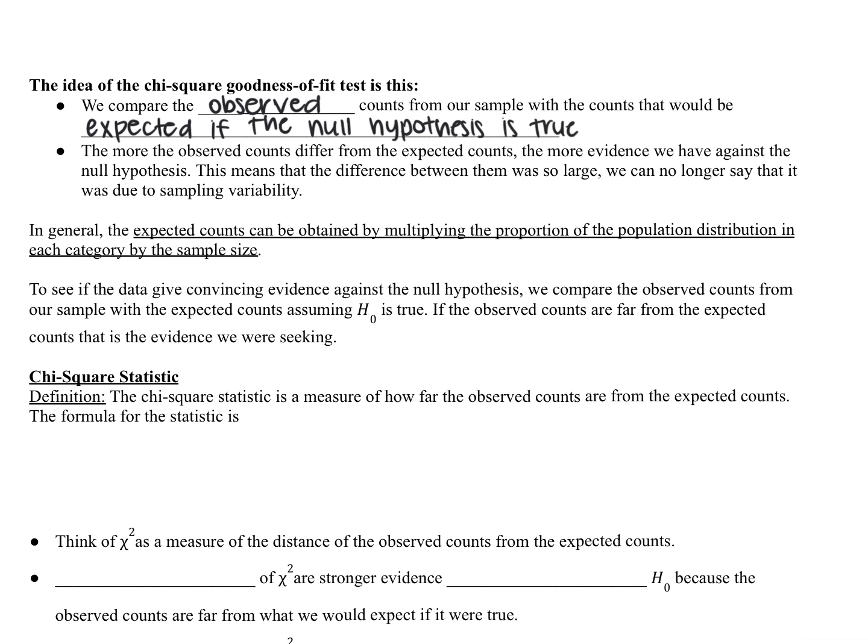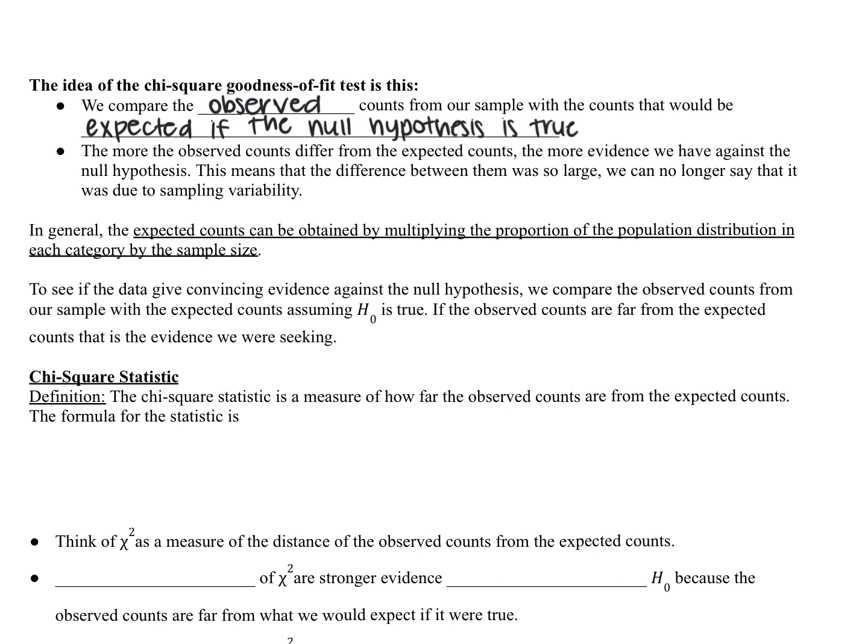The more the observed counts differ from the expected counts, the more evidence we have against the null hypothesis, which means the difference between them was so large we can no longer say that it was due to sampling variability. The way we are going to get our expected counts is by multiplying the proportion of the population distribution in each category by our sample size.